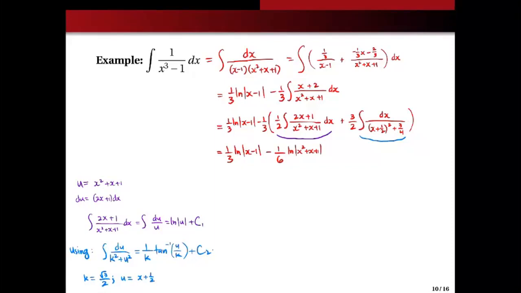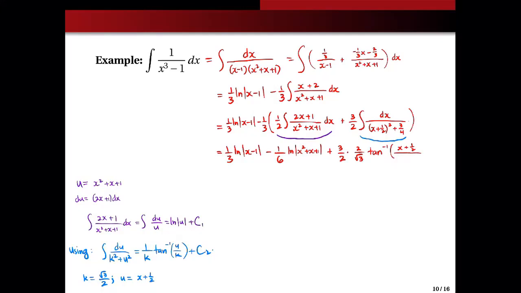Correct? Therefore, this guy here, it's just 3/2 times 1 over k. This is your k, so this will be 2 over square root of 3, then tangent inverse of u, but u is just x plus 1/2 divided by square root of 3 over 2.